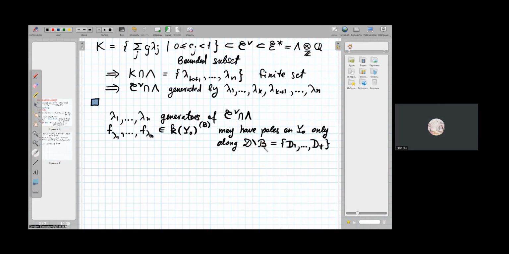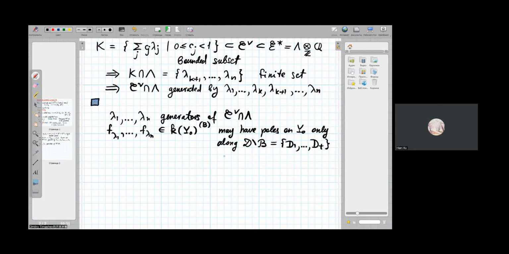These vectors have non-negative pairings with these weights lambda 1, lambda n. And since the pairing is non-negative, the vanishing order of each of these functions along each of the divisors in B is non-negative. So f lambda j cannot have a pole at the divisor in B. Okay?